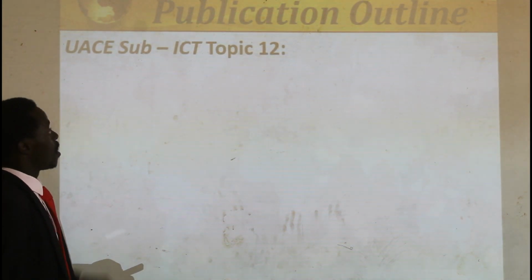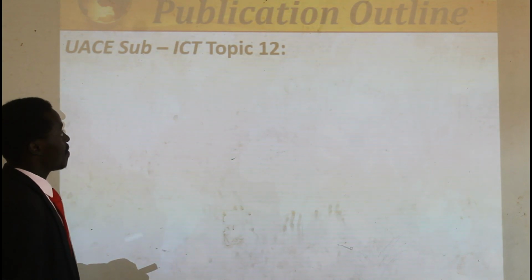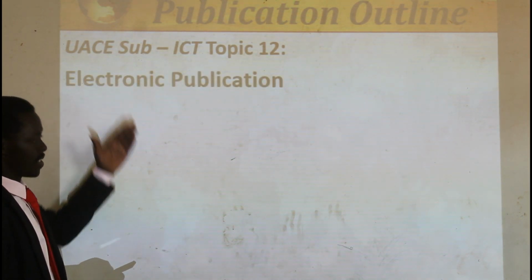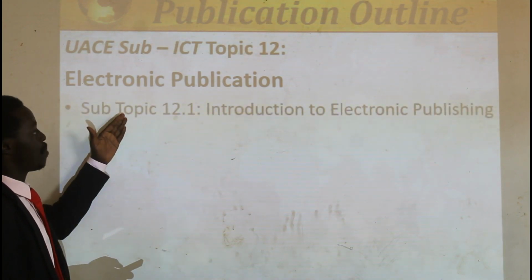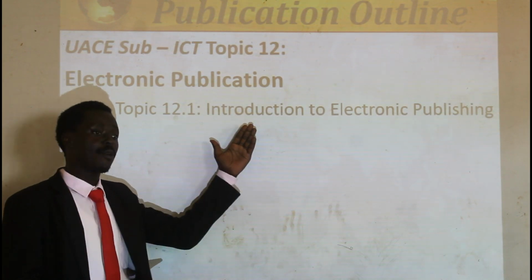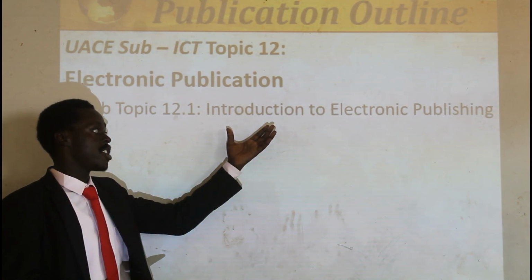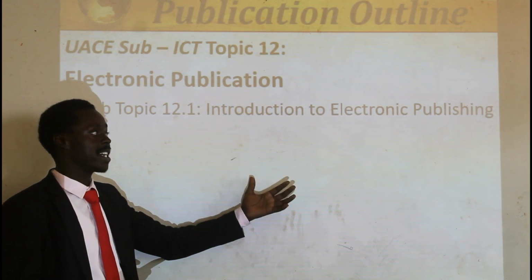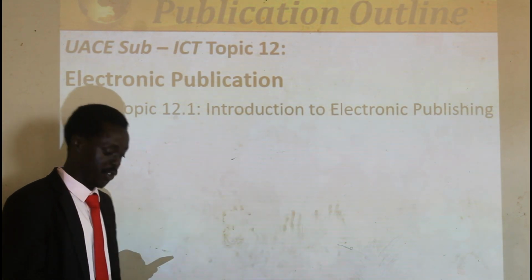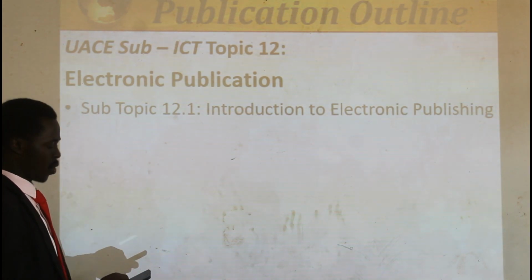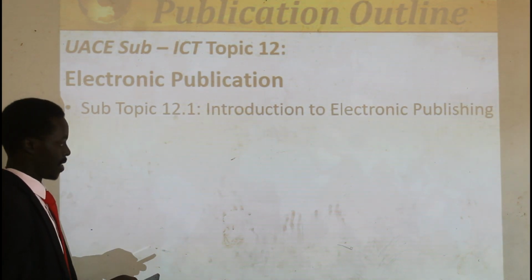Well, let's switch over to the outline. Like I said, the topic has 5 subtopics. The first subtopic is Introduction to Electronic Publishing. In this subtopic, I am going to share with you the theoretical concepts, the terms associated with creating publications using publishing software. The second subtopic is called Publishing Basics.